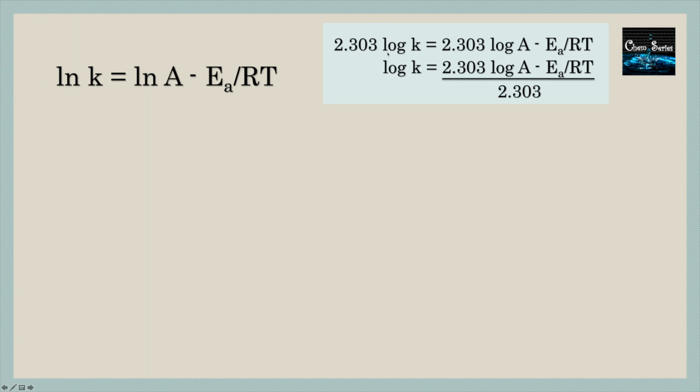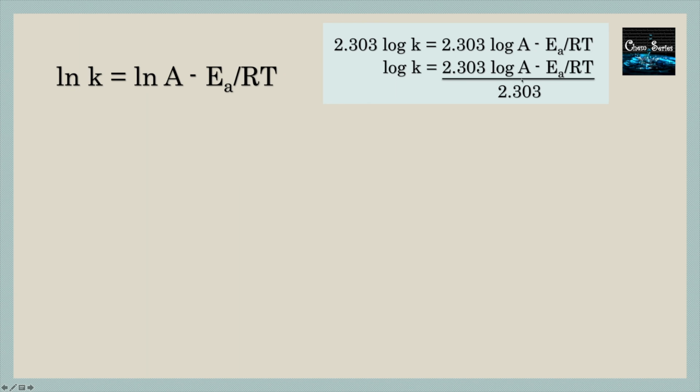So 2.303 log k is equal to 2.303 log A minus Ea by RT. Now cross multiply the 2.303 to that side, so you get log k is equal to log A minus Ea by RT divided by 2.303.